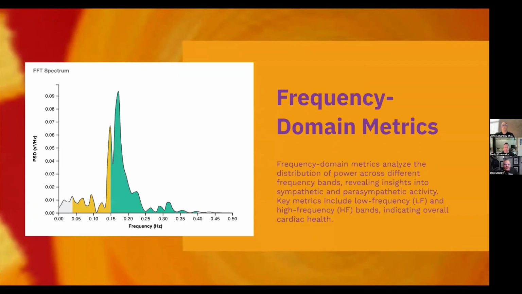I believe there is huge value to come in the frequency domain analysis. Frequency analysis in heart rate variability measurement involves decomposing the heart rate signal into frequency components to assess autonomic nervous system activity. Low frequency reflects both sympathetic and parasympathetic activity, but is often interpreted as indicative of sympathetic modulation.